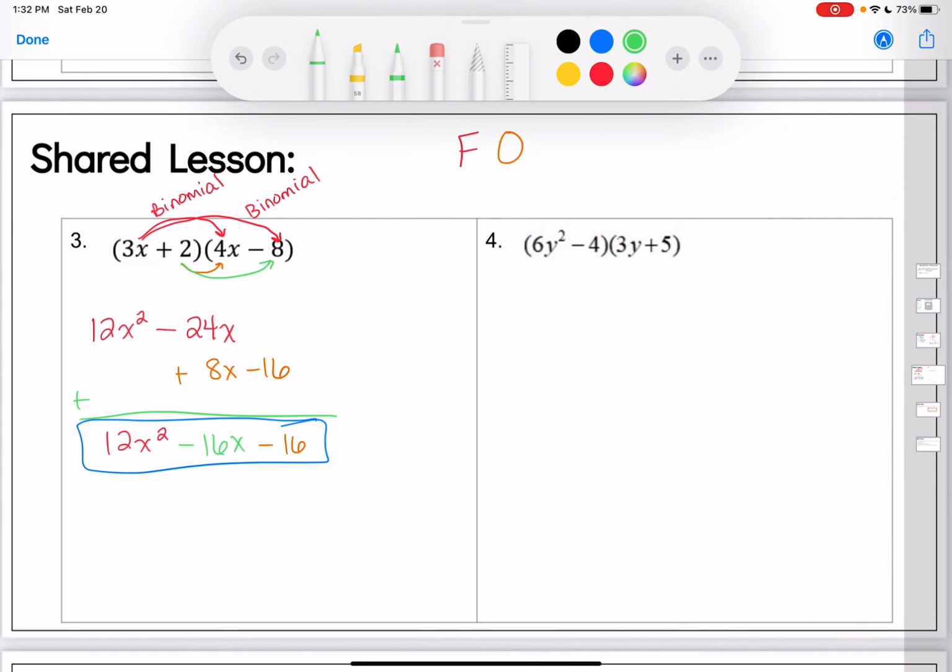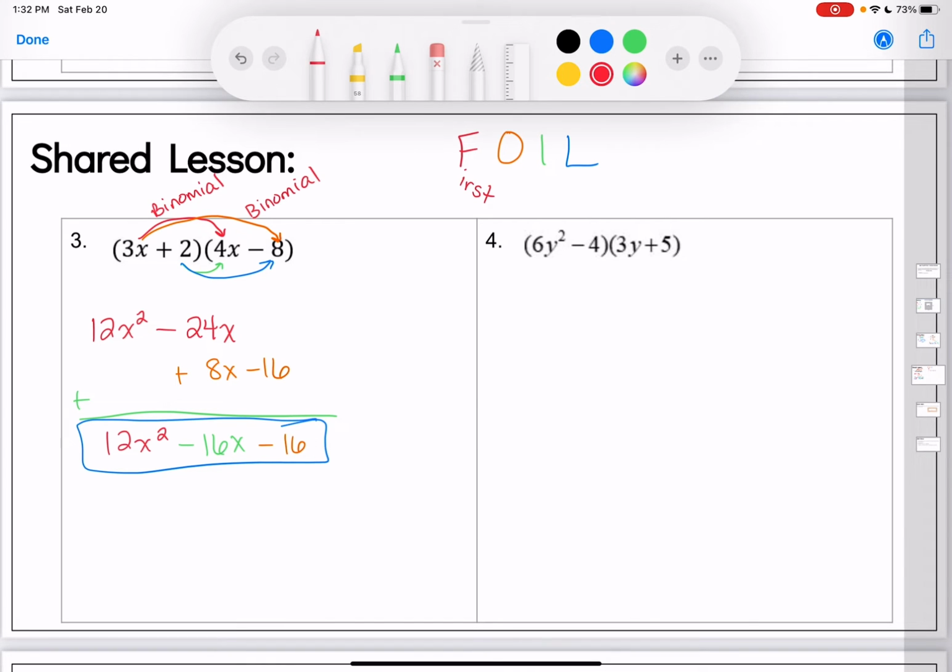F-O-I-L, which is probably why I started switching my colors here. But what we're going to do is we're going to take this, and I'll line up the colors accordingly so that you kind of know where these letters are coming from, and I'll tell you what those letters stand for. So F stands for first terms.